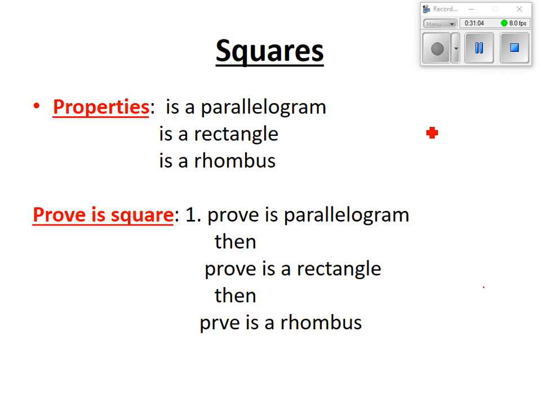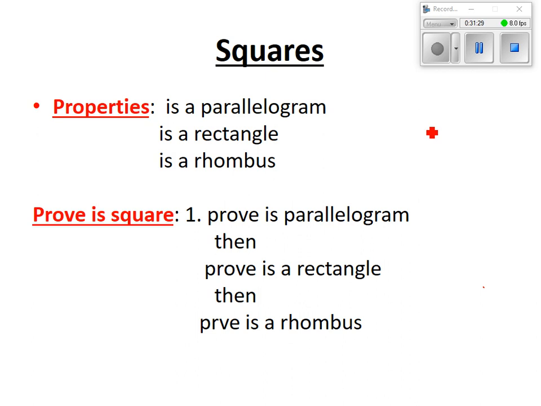So what's the key property of a parallelogram? Opposite sides are parallel. What's the key property of a rectangle? You told me when I asked you: four right angles.